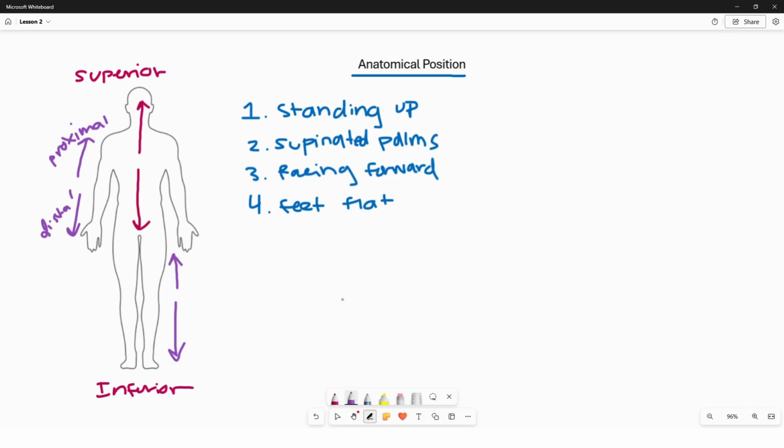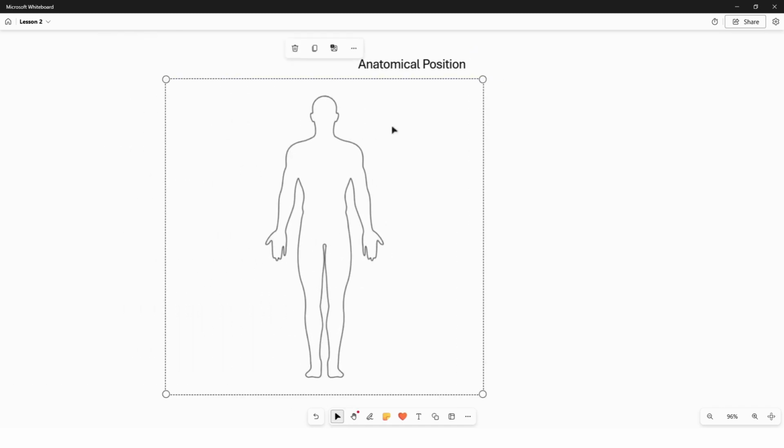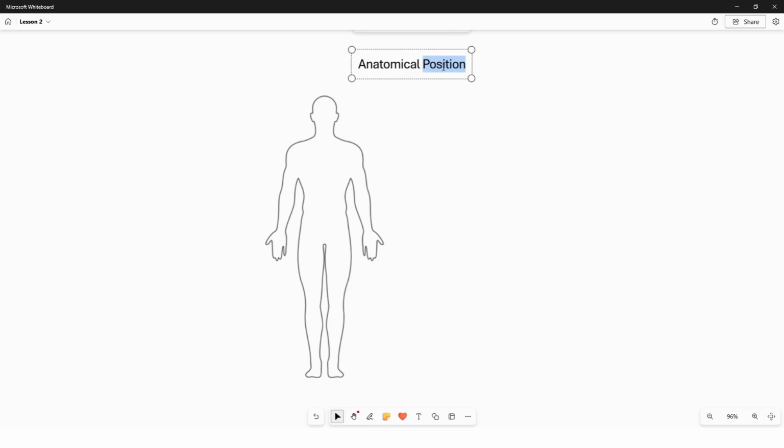And now let's look at body planes. So when you have body planes, you are dividing the body into different ways. And these are often used for x-rays or just in different textbooks. And the first plane we can look at is sagittal, okay?